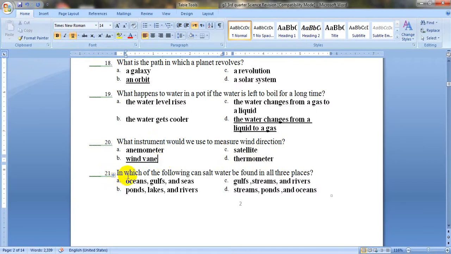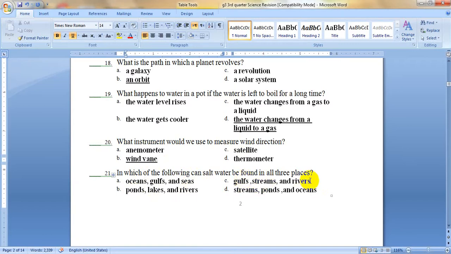21. In which of the following can salt water be found in all 3 places? Which of these choices has 3 places in which we could find only salt water? Is it found in oceans, gulfs, and seas, ponds, lakes, and rivers, gulfs, streams, and rivers, streams, ponds, and oceans?